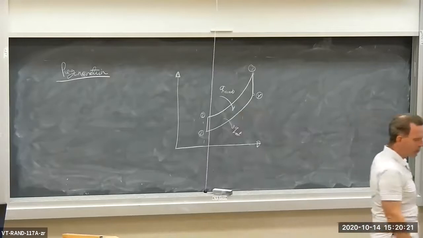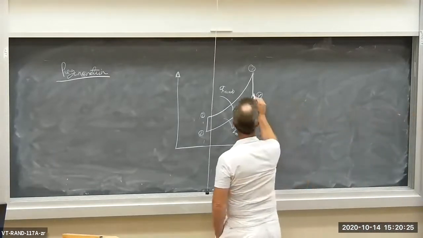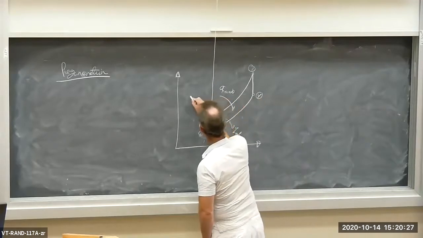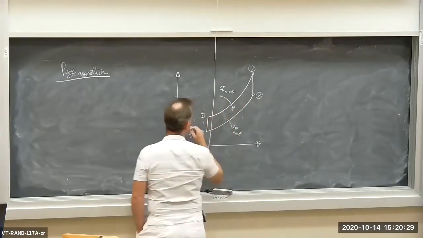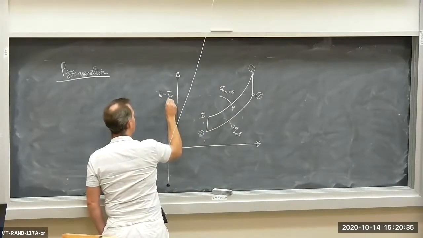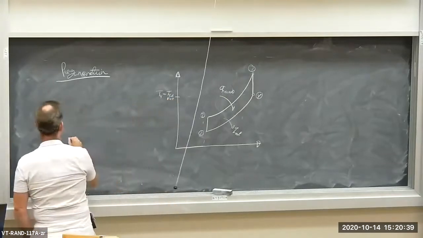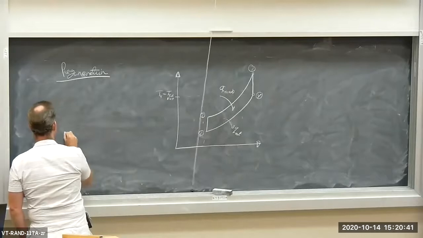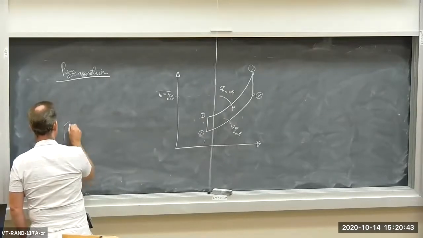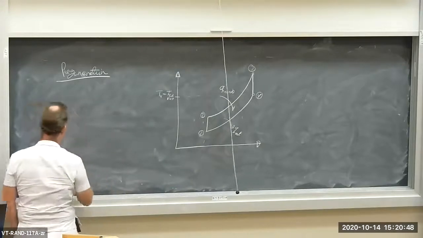Now I want you to notice something here with this particular cycle. Notice the turbine exit temperature, T4, T turb exit. Let me draw the device here, to make sure we're on the same page.